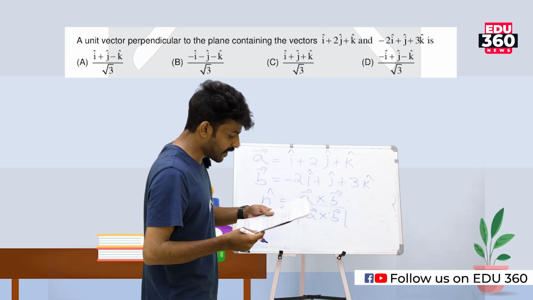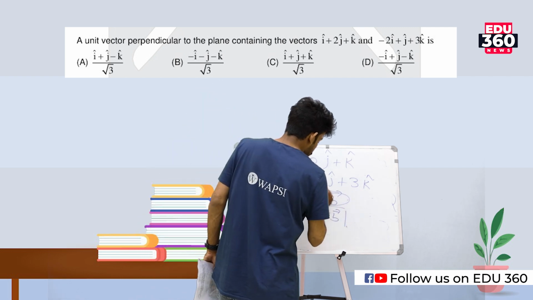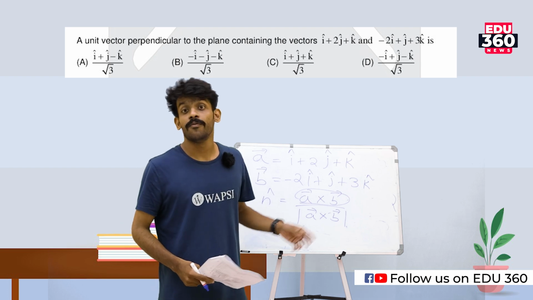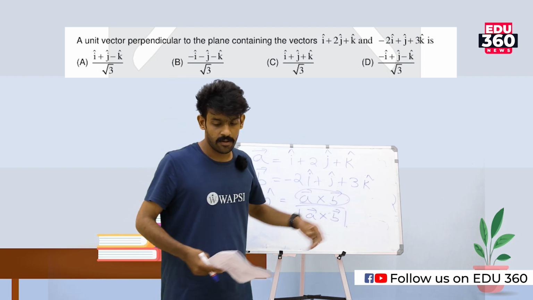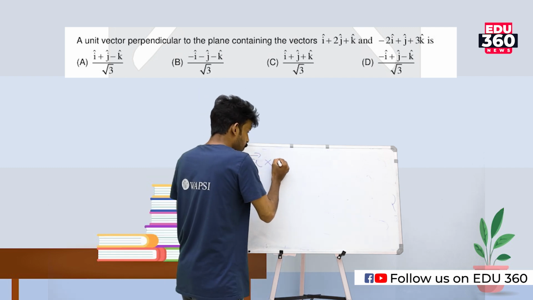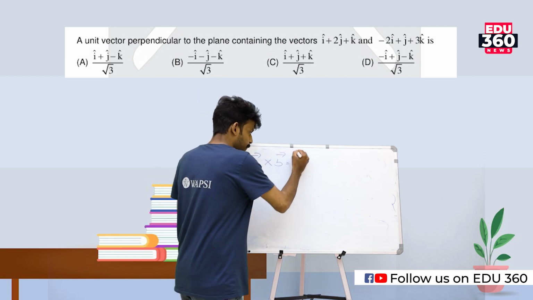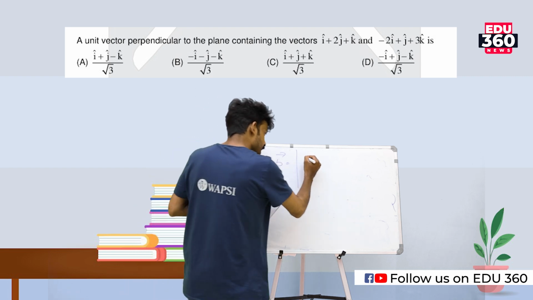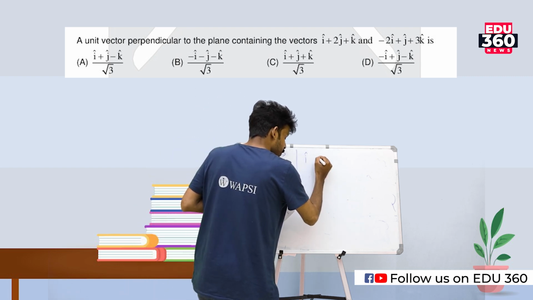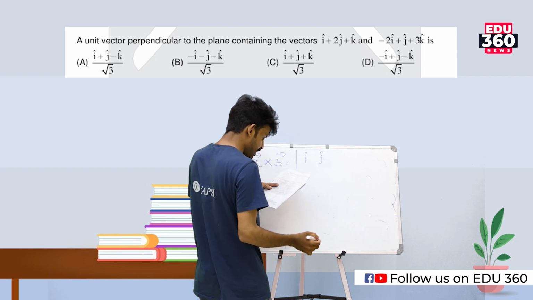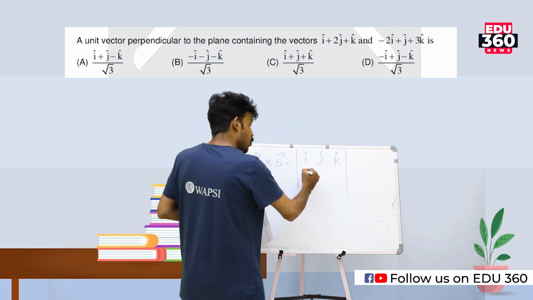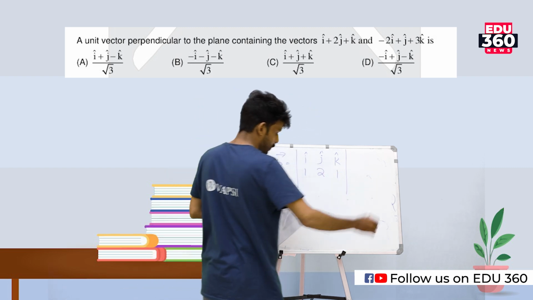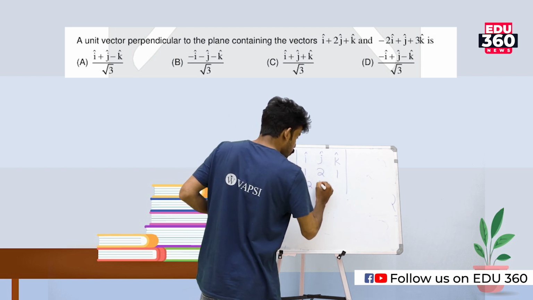So hereafter, first of all, we can find the cross product of vectors A and B, that is A vector cross B vector. So A vector cross product B vector is equal to the determinant with rows I cap, j cap, k cap; 1, 2, 1; and minus 2, 1, 3.